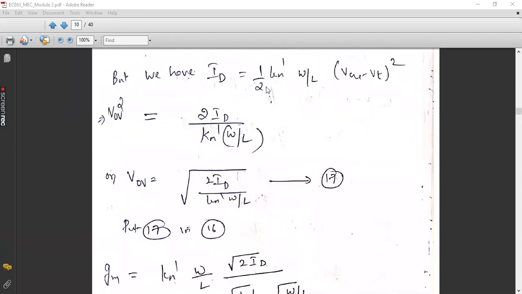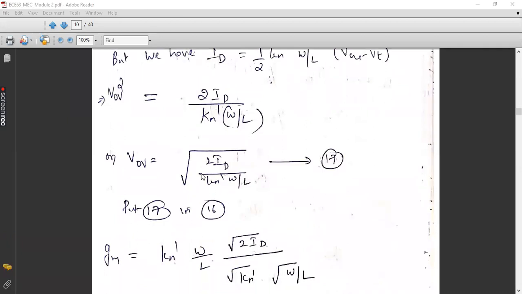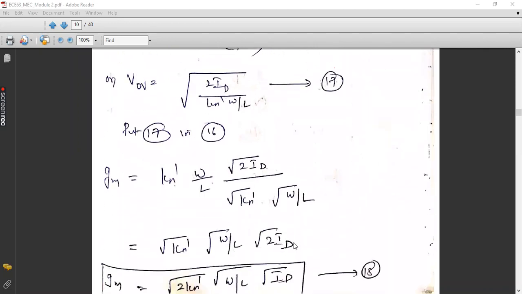Instead of writing VOV, it will be root of 2 ID divided by square root of Kn dash, square root of W by L. Isn't it? I have applied the square root to each and every term. Now, if you cancel this, you have a square root of Kn dash in the numerator. Similarly, if you cancel this, we will have a square root of W by L over here.